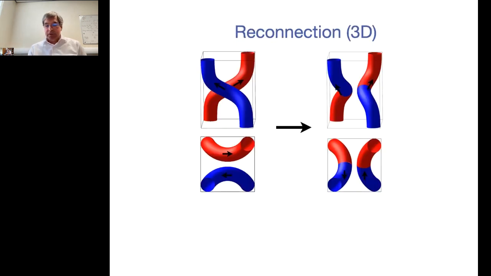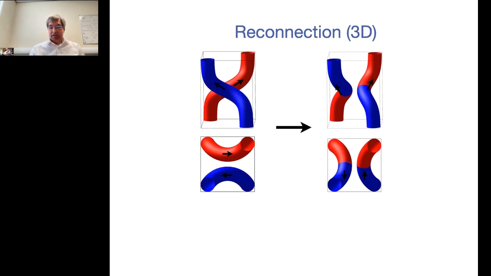Right, if helicity were always conserved and everything would be always ideal, there wouldn't be much going on in our plasma. But fortunately or unfortunately, depending on the point of view, we also have processes like magnetic reconnection.